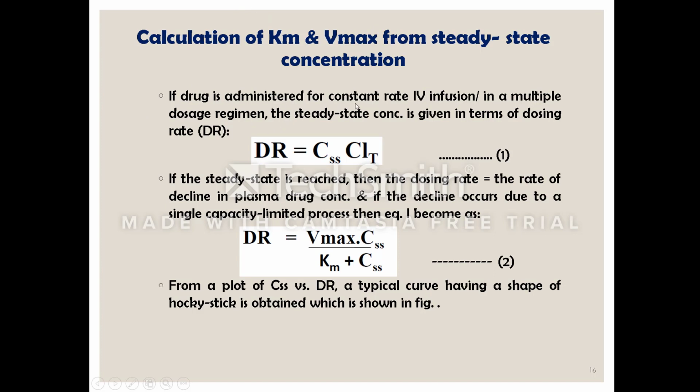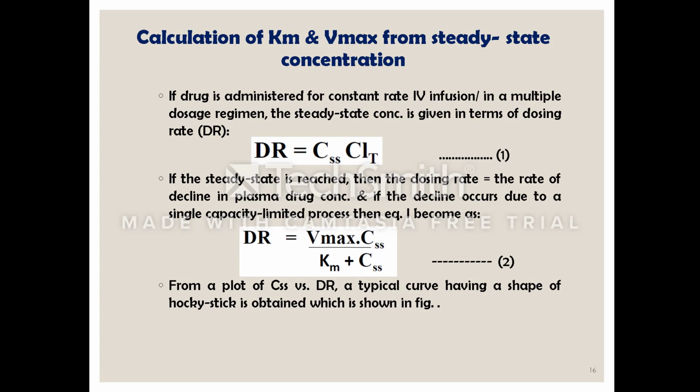If a drug is administered at a constant rate, the steady state concentration is given in terms of dosing rate, that is DR = Css × clearance, the total clearance. What is this dosing rate? It is the desired rate at which the drug should be administered to achieve a steady state.